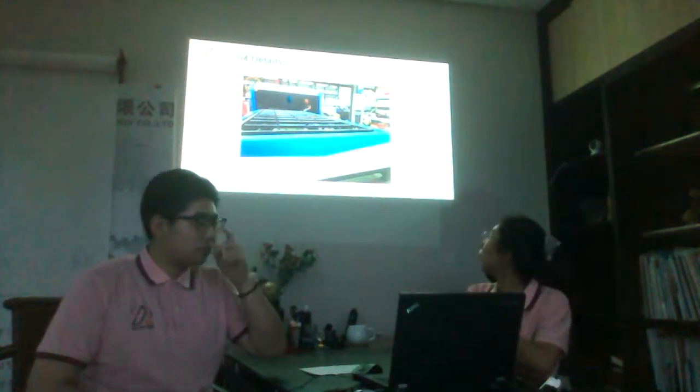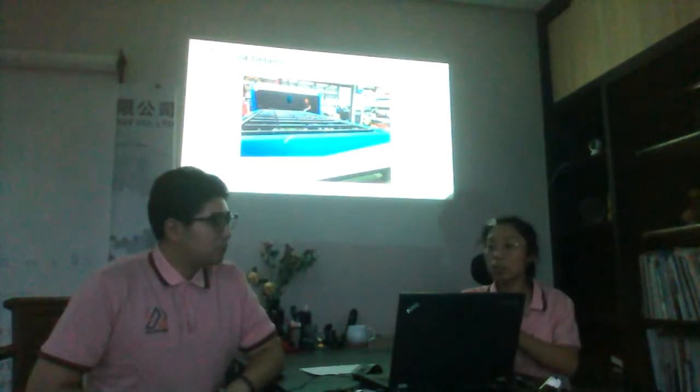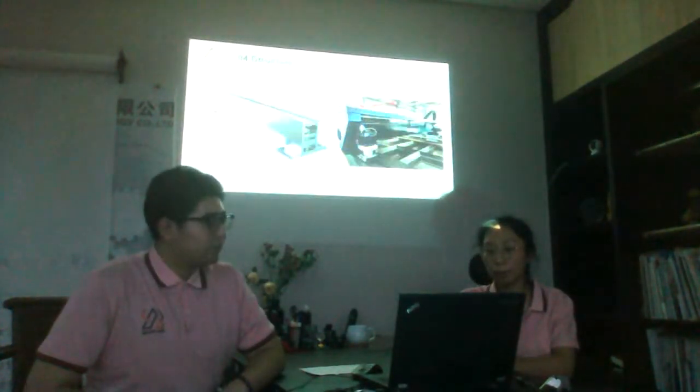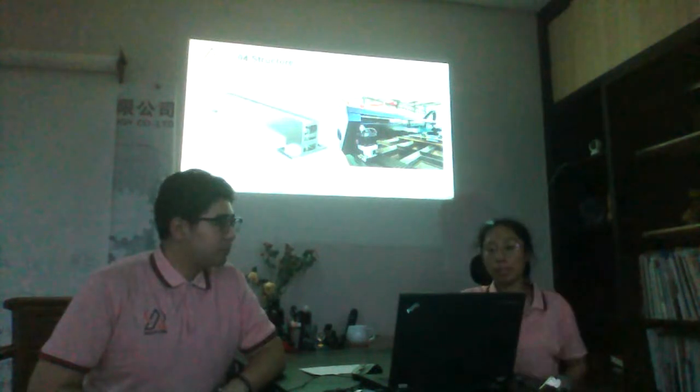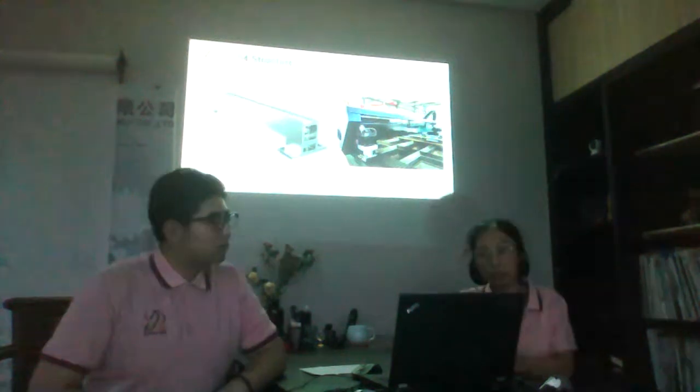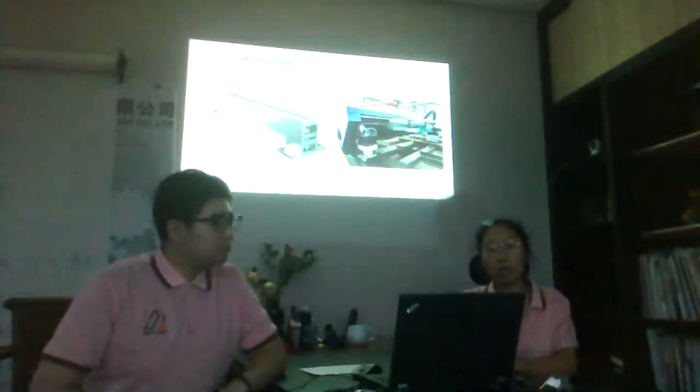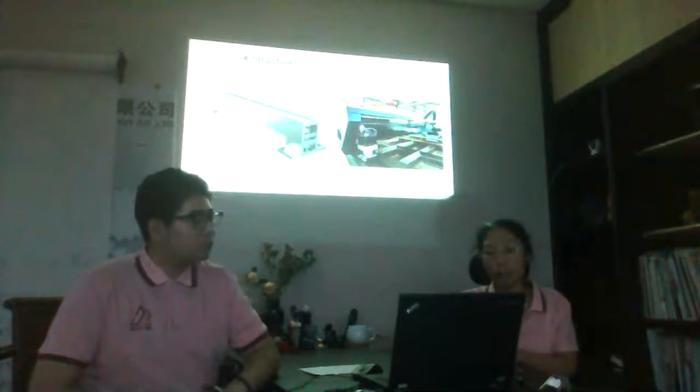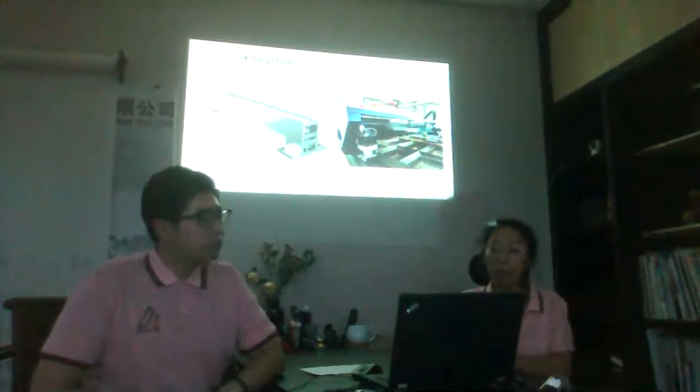And we can see the work table, the laser cutting machine work table. And the next is the beam. The beam has high precision and is not easy to deform, so it can be used a long time and has a long life.